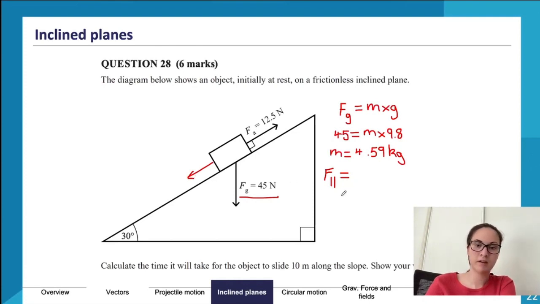So that's going to be Fg multiplied by sine theta, and that's going to be equal to 45 times sine 30.